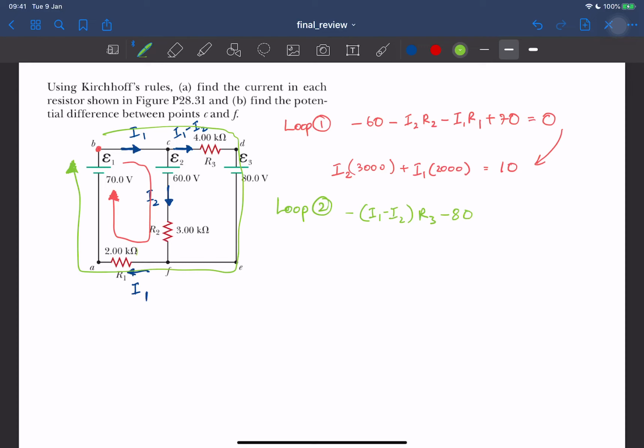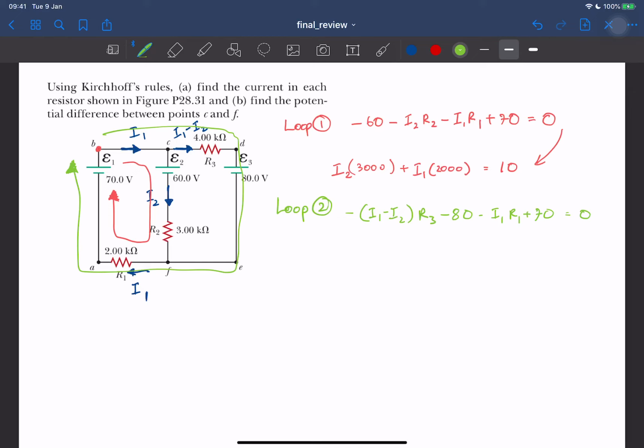And then back here, it's the same as what we had before, which is minus I1 times R1, and then plus 70, which is the last battery, this one. Again, the last one is plus 70 because we are going from minus to plus of the battery terminal. We are not going against the battery. And then we complete the loop, so we put it equal to 0 here.